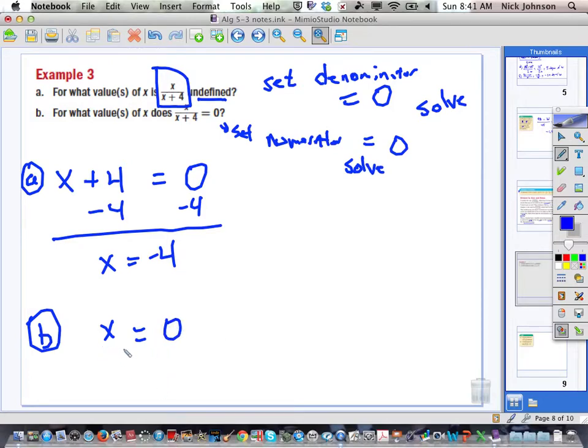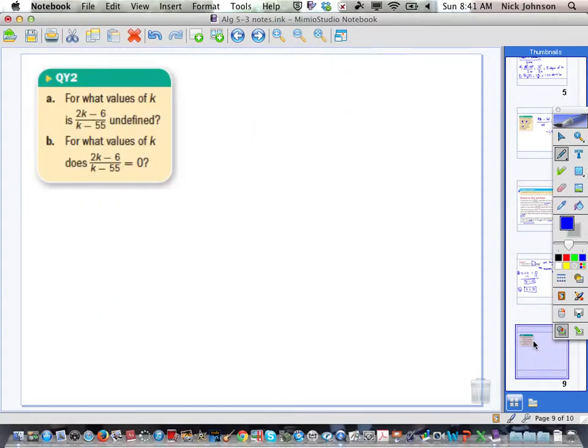Well, if you look at this, x is already solved for itself. So when x is 0, we are going to get 0 on the numerator. So where we're going to get 0 is when x equals 0. What's the value when this is going to be undefined? The only value it's going to be undefined is at x equals a negative 4. Please rewatch that again.